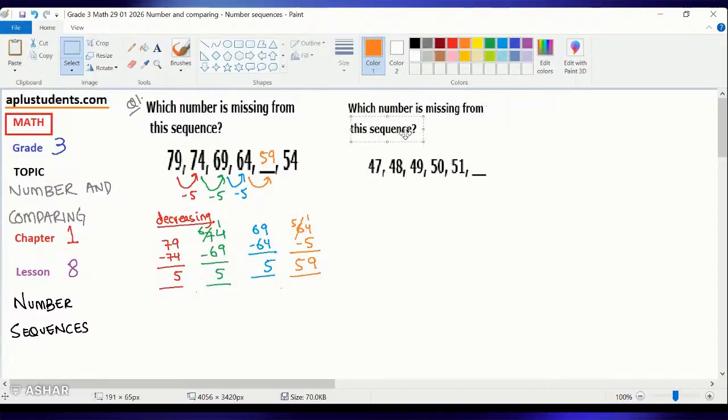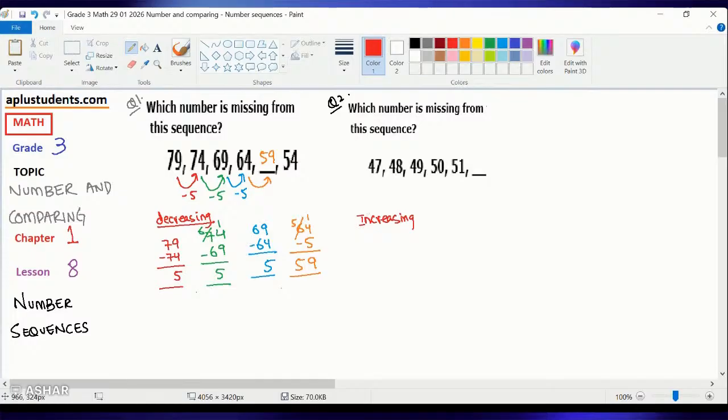Question number 2. In question number 2, we can see that the first number was 47, then 48, then 49, right? That means the numbers are increasing. Agreed? The numbers are increasing from the first value.